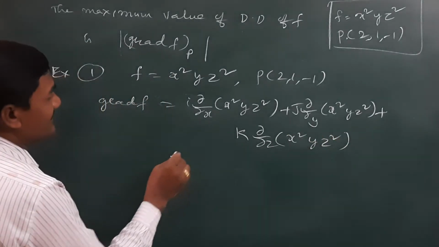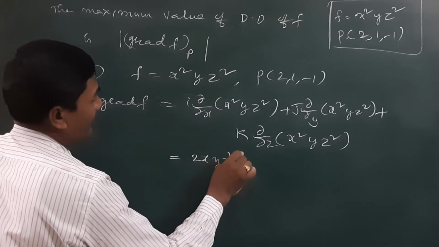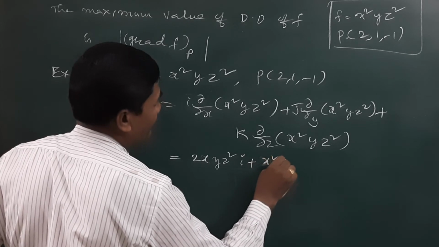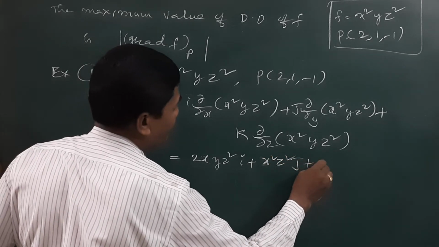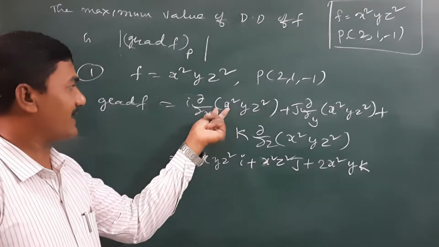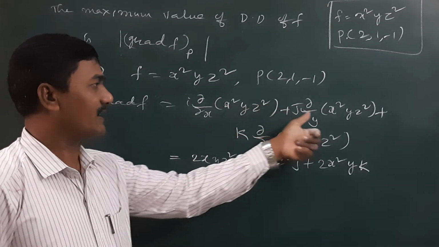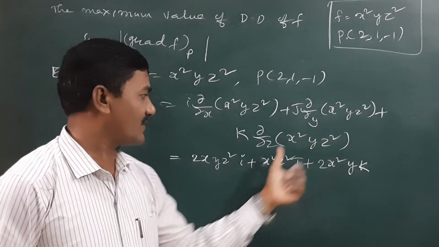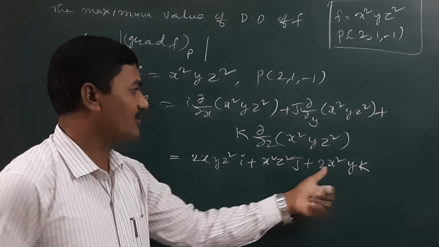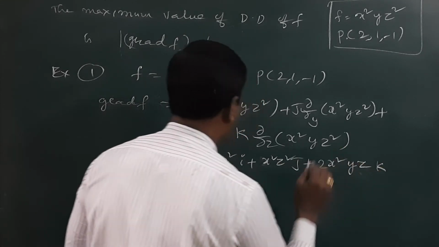This is equal to 2xyz square i plus x square z square j plus 2x square yz k. Because the x square derivative is only 2x and the rest are constants, we get 2x into y z square. Here the y derivative is 1, and only x square z square is there. Another is the z square derivative, 2z into x square, by k only, right?